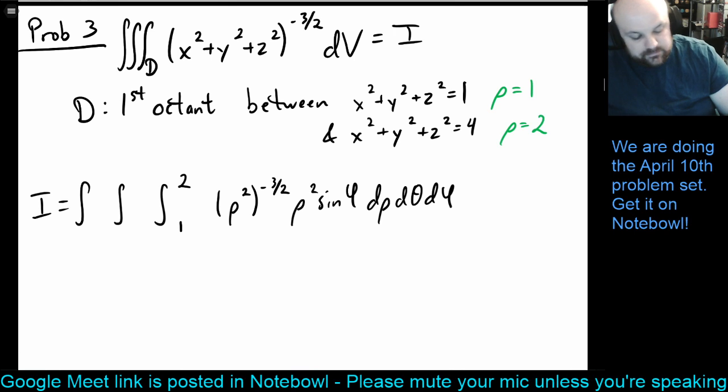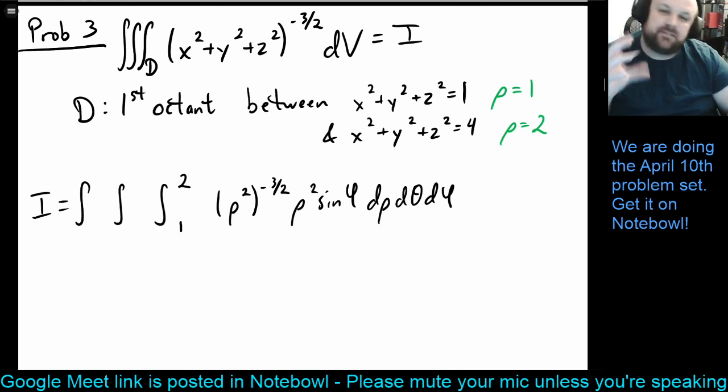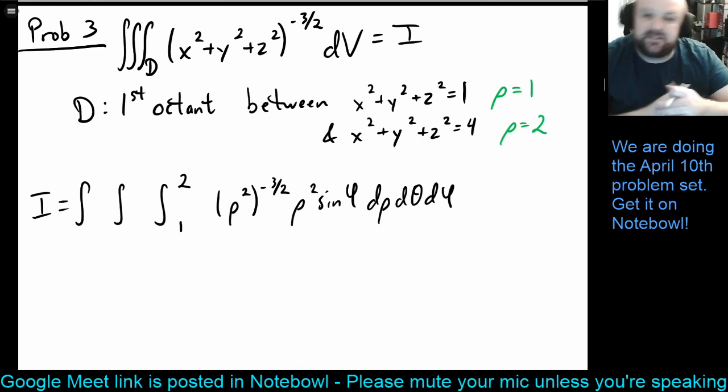Now let's think about the rest of this shape. We're stuck between these two spheres. Rho keeps us between them, but now we're stuck in the first octant as well. So how do we set up those bounds?